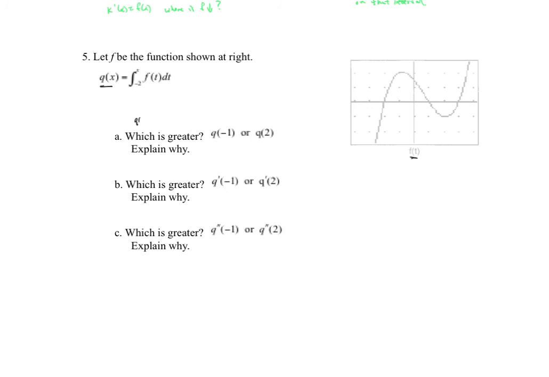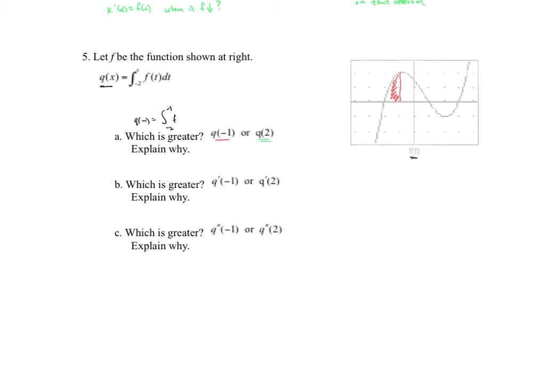Well, q of -1 is going to be that integral from -2 to -1 of f. So I'm going to draw it in red. That's going to be visually the area that we have accumulated there. So that's going to be a positive number, but it's going to be a little less than 2.